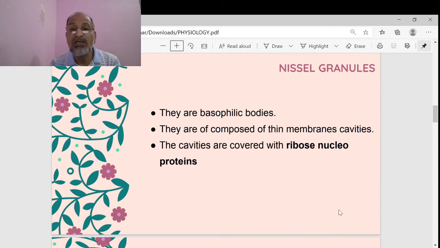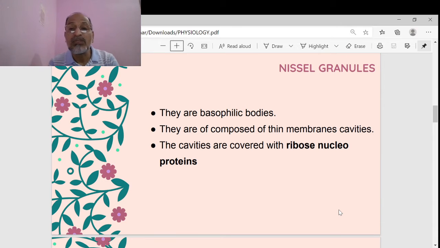Then within the cell you have the basal granules. They are basically basophilic bodies because they stain positively with a dye, and so they are called basophilic bodies, in contrast to eosinophilic bodies, which are not present in the nervous system but elsewhere.